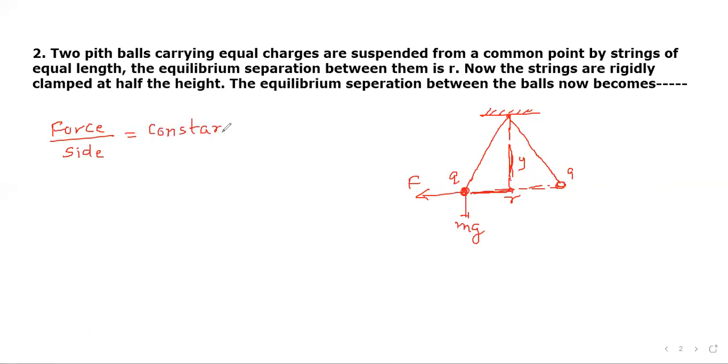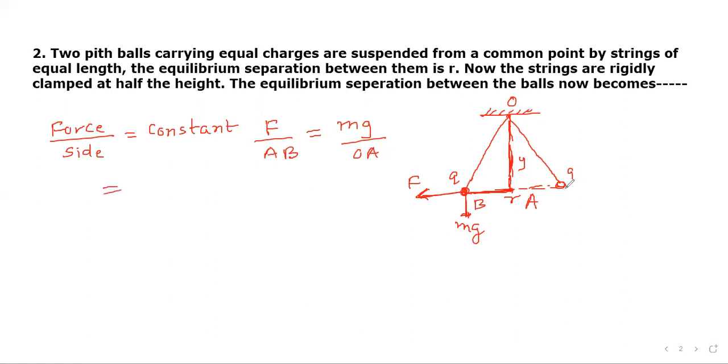So here, if we consider this triangle OAB, then in triangle OAB, force F, we consider side AB. So we can say F divided by AB equals, when we consider mg, the side in the direction of it will be OA. So mg divided by OA.